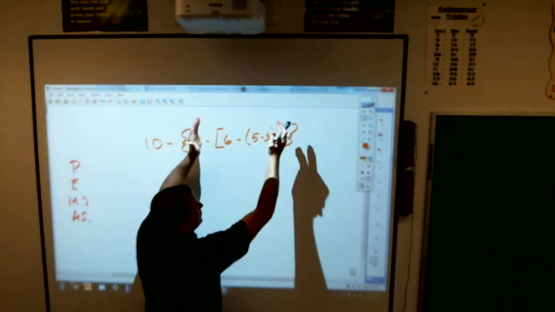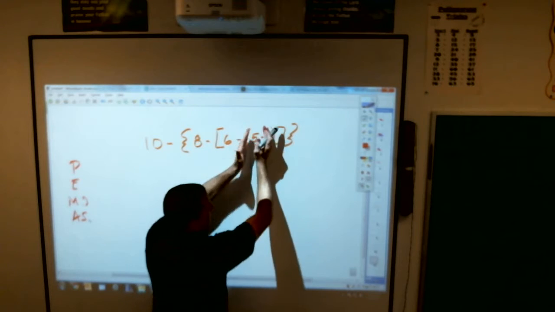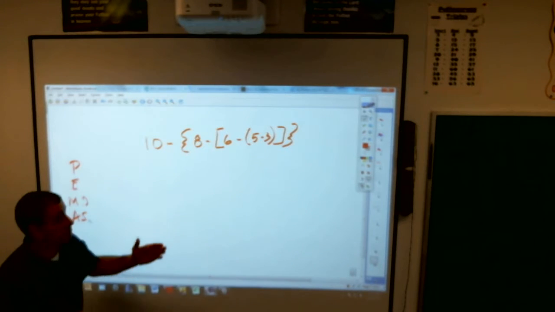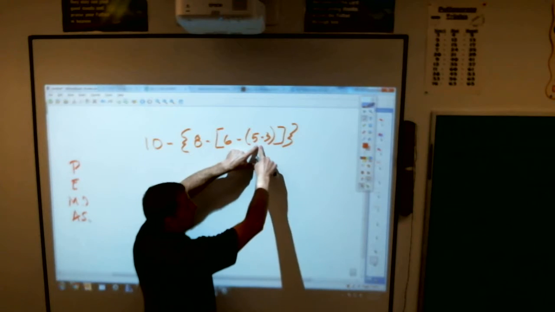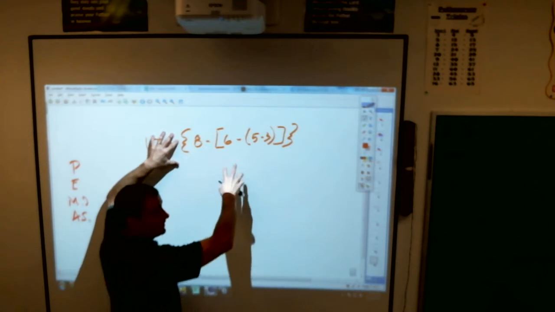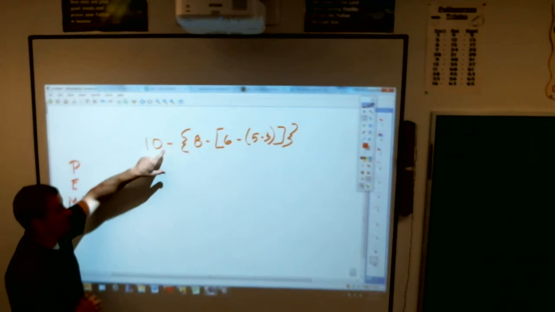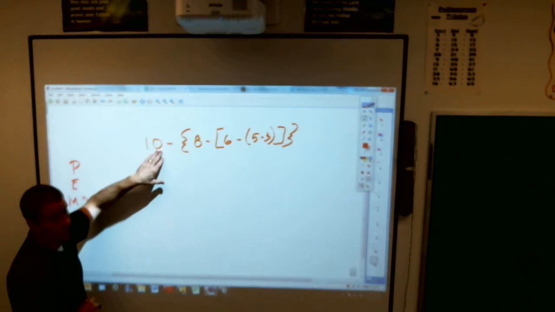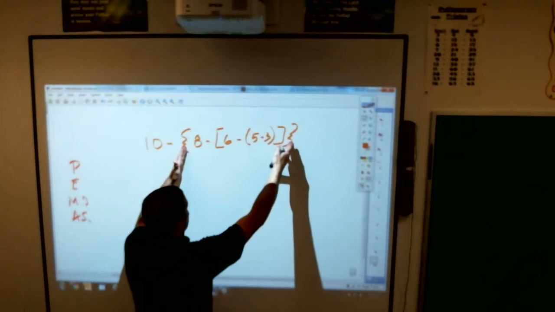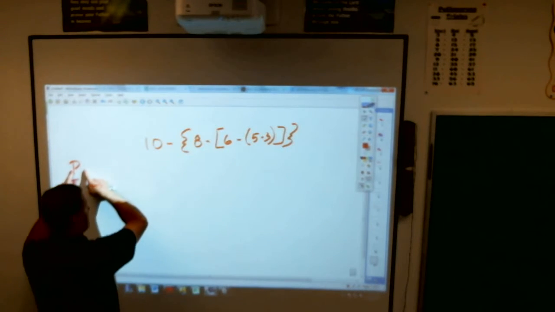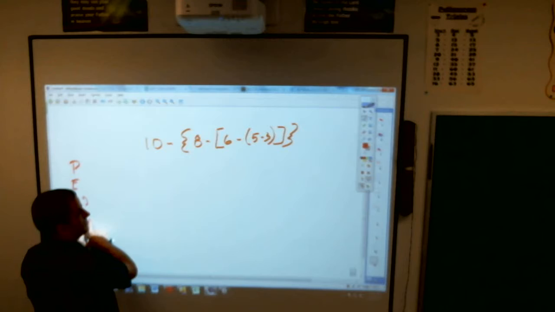In order to do that, you have to do order of operations inside that and inside that. So when you see multiple grouping symbols, you have to start in the middle, use order of operations, and work your way out. The last thing I am going to do here is subtract whatever I get there from 10, because everything else falls first. This has to all be done first because parentheses and grouping symbols come before addition, subtraction.